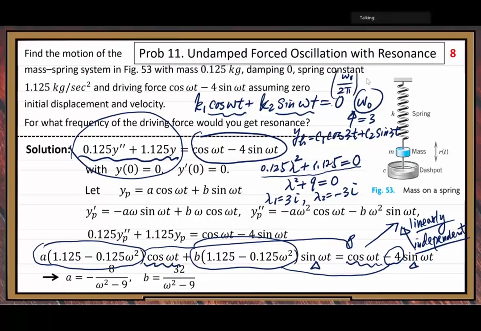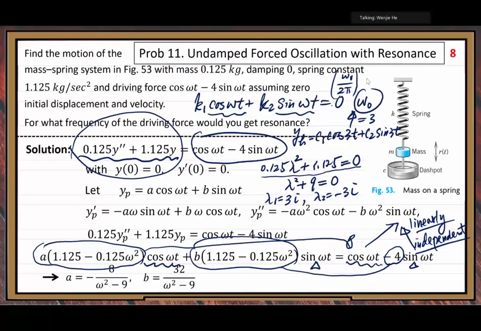Now you can see the resonance occurs where your driving force frequency, omega, equals the natural frequency, omega naught.